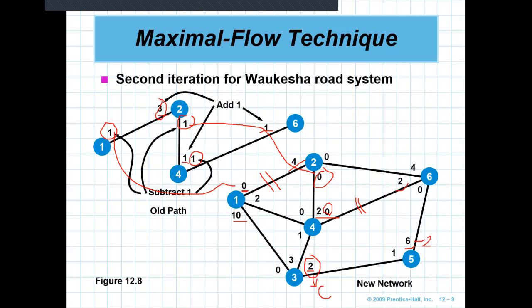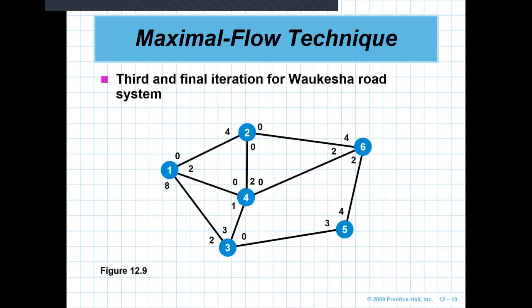So the new network will look like this slide: 8, 2, 0, and 4. And that means the network cannot be passed anymore.